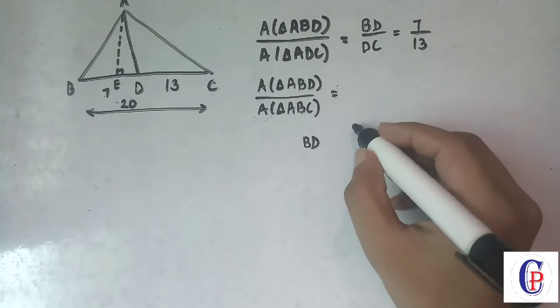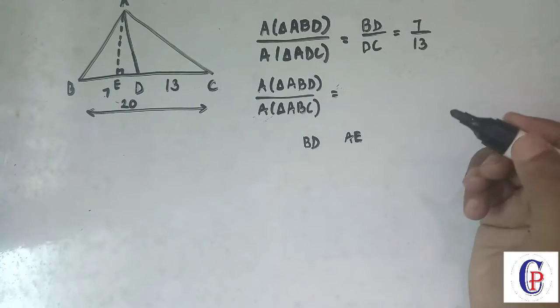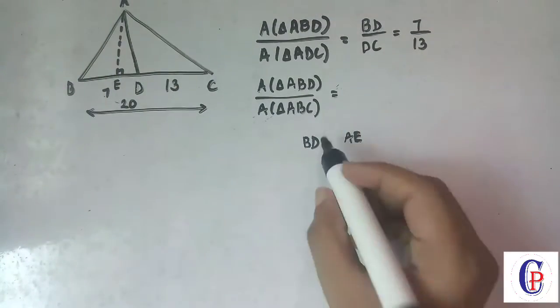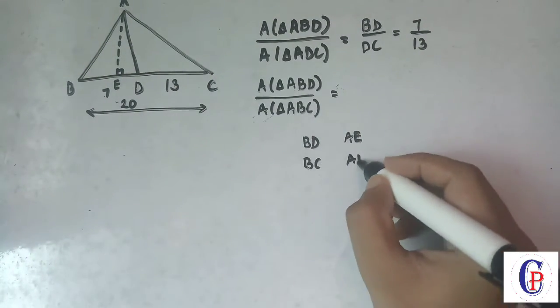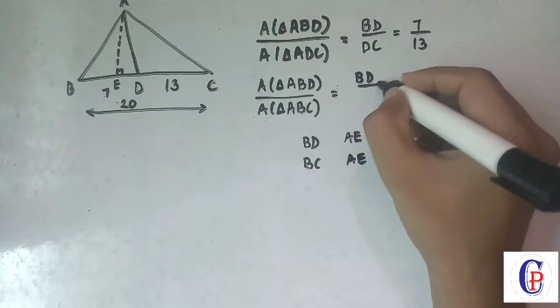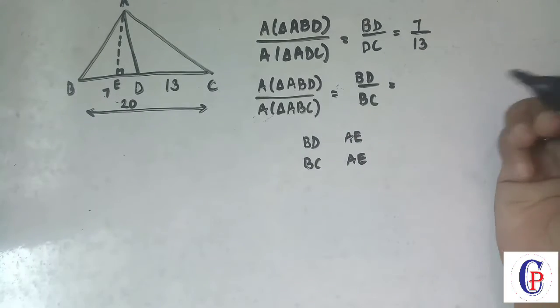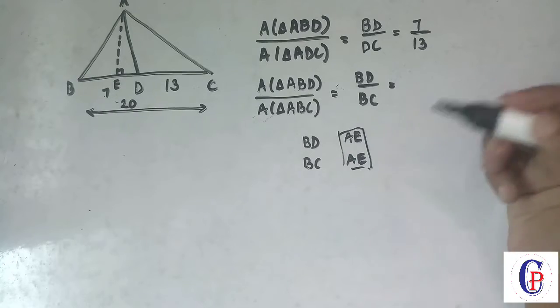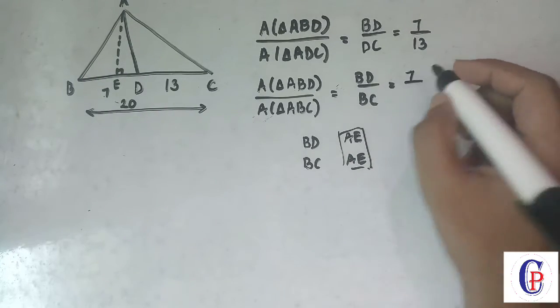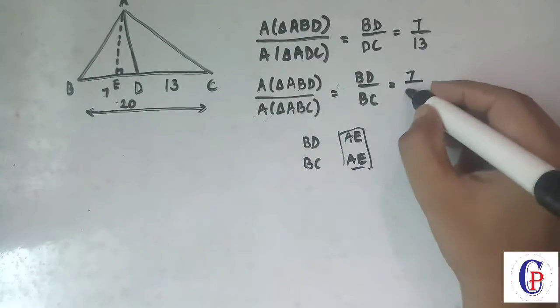So BD is the base and A is the height. For triangle ABC, this whole big triangle, A is the height. So we get BD upon BC, because again the heights are the same. BD is 7 and BC is given as 20.